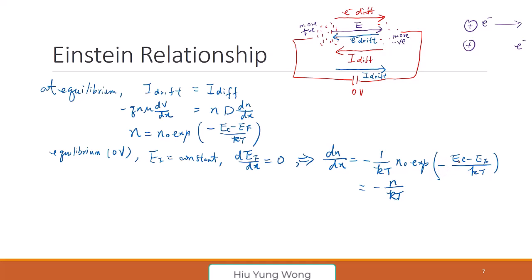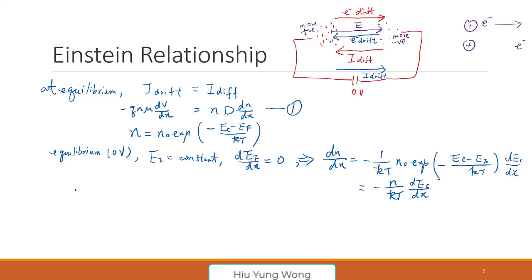And of course, I missed one thing. From here, I should still add dEc/dx. It is the chain rule, because we are differentiating with respect to x, not EC. Okay, so then we substitute back to number 1.